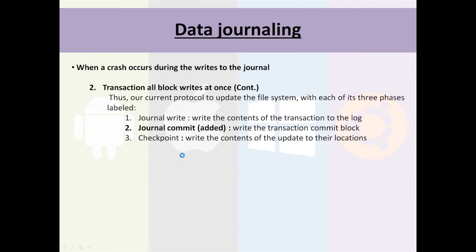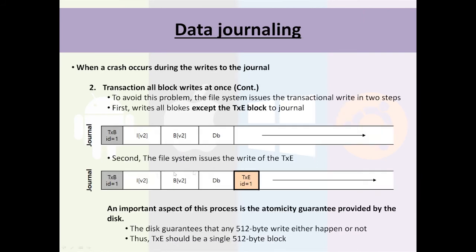So if I go back to this diagram quick, if this is currently in our log, and that's all the journaling steps done, and then we're going to commit, but a crash occurs, what we do is we then just replay this. Okay, so we replay this and then we commit. Then we do the checkpointing afterwards.